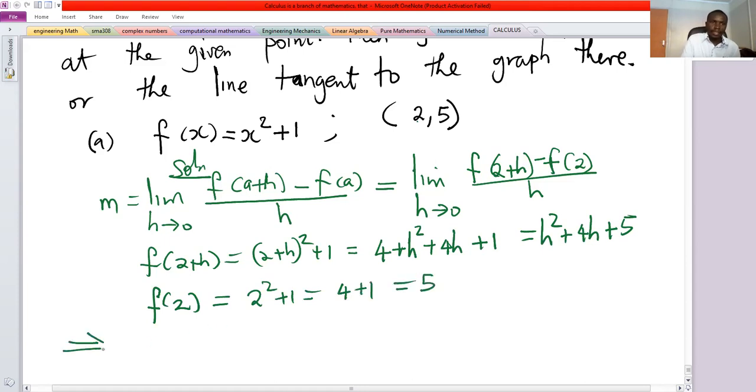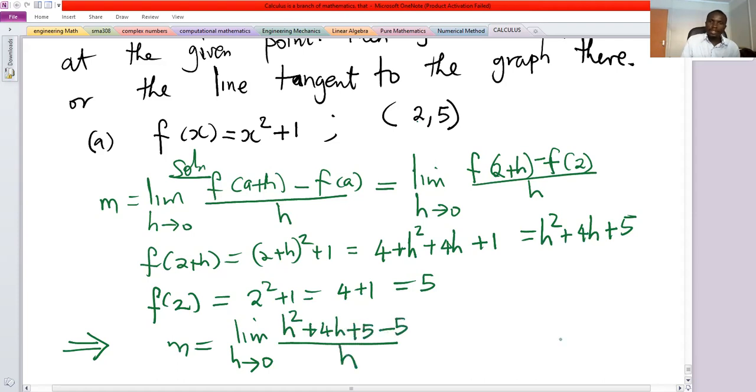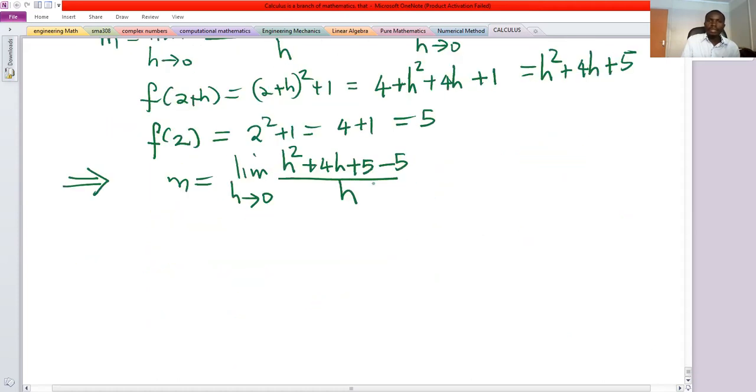So this implies that m is the limit as h approaches 0 of h squared plus 4h plus 5 minus 5, over h, which will be the limit as h approaches 0. 5 minus 5 is 0, so we'll have h squared plus 4h divided by h.